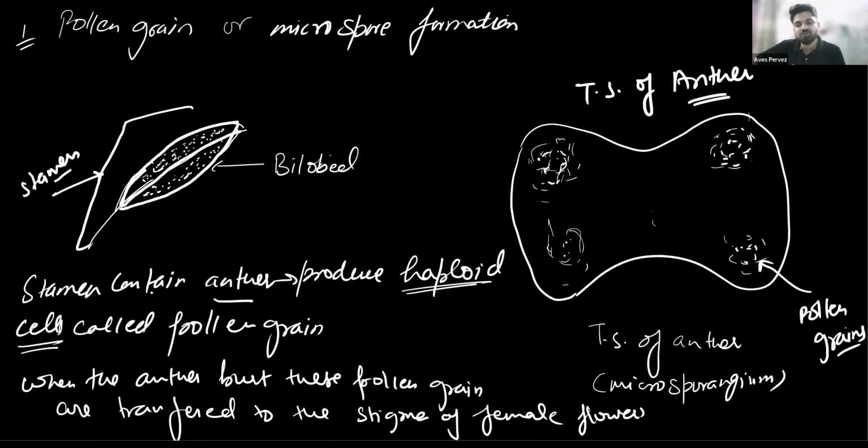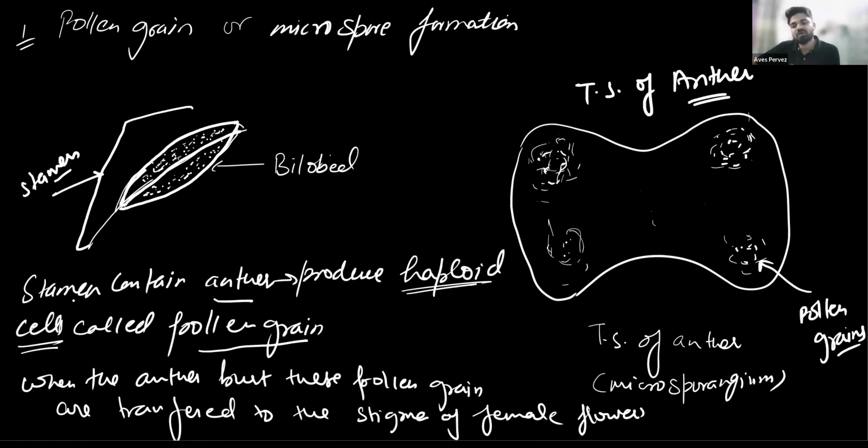Understood, everybody? The stamen contains anthers that produce haploid cells called pollen grains. If we are talking about sexual reproduction, there must be male and female cells, and both must be haploid, because when haploid cells fuse together, they form a diploid cell called a zygote.